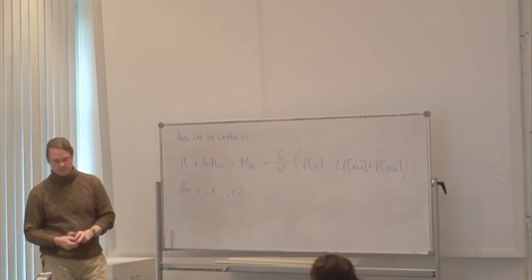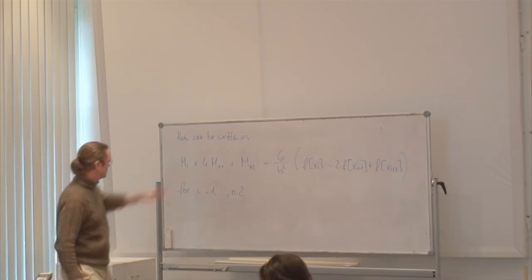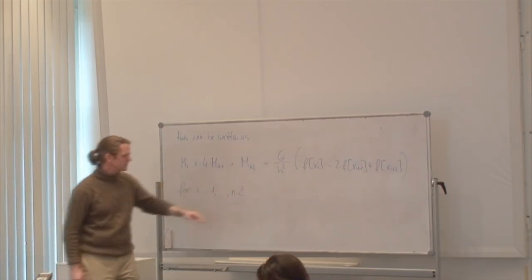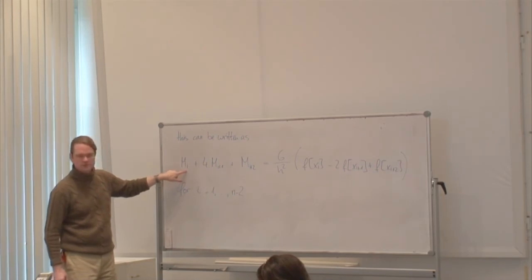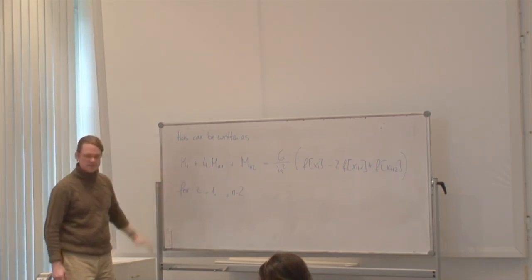Okay? This is not one equation because of the dependence on i. You can write them down, insert 1, 2, 3, 4, 5, and so on for the i's. You get a system of equations.